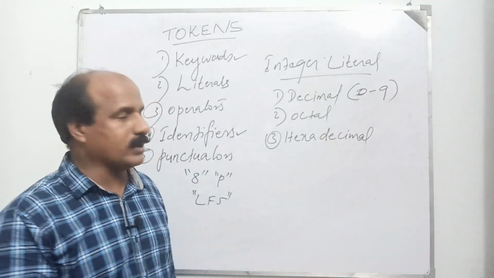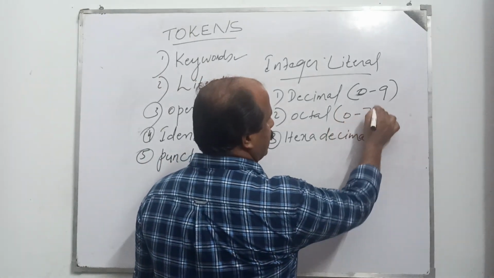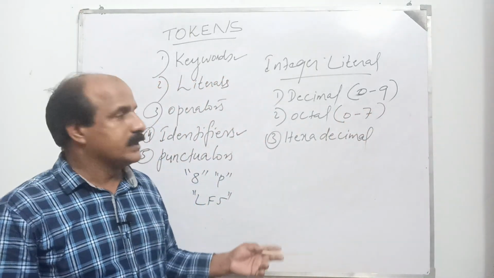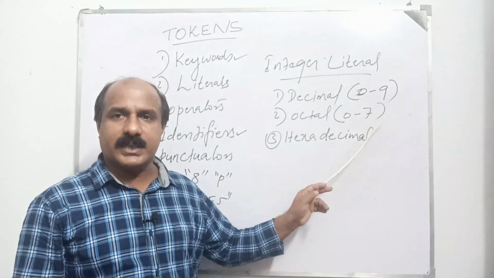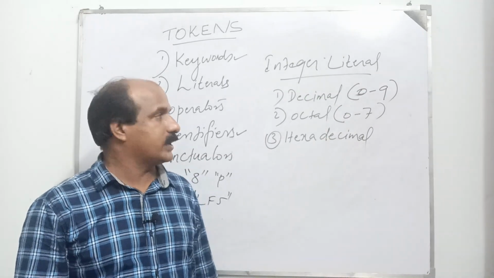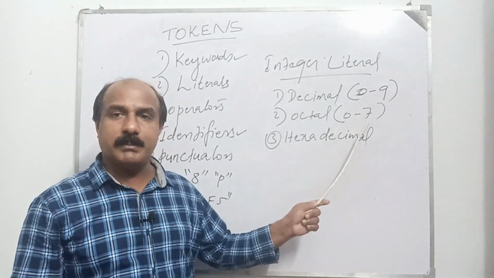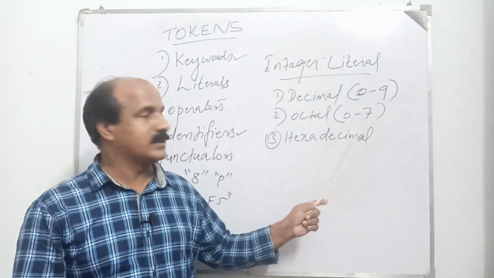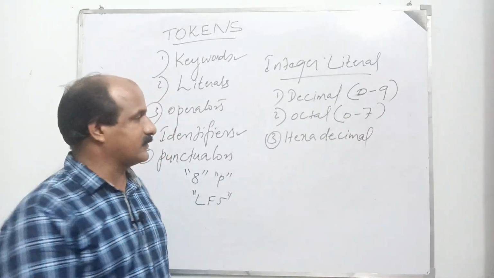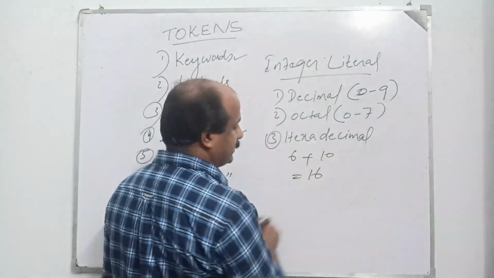Octal number system. In octal number system, we have 0 to 7. You cannot use 8 in this. Can you use 9? No. Only 0 to 7. Octa means 8. So 0 to 7 makes 8 symbols. Now hexadecimal. Hexa means 6. Decimal means 10. So total 16.